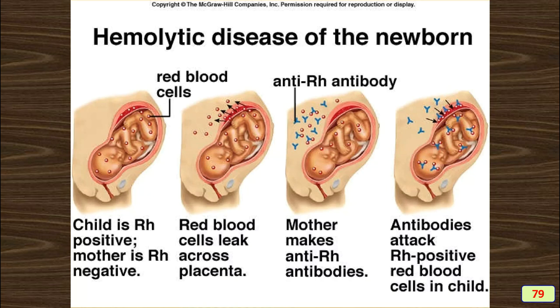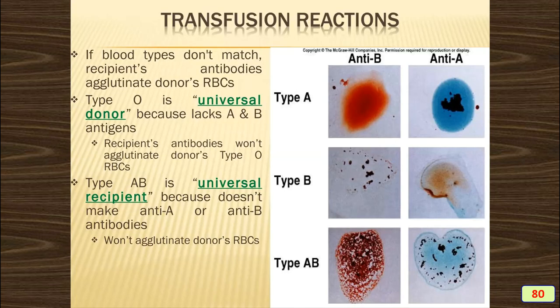There are certain hemolytic diseases of the newborn. Mother is Rh negative and the red blood cells cross the placenta. Mother makes anti-Rh antibodies. Then the antibodies attack Rh positive red blood cells in the child.